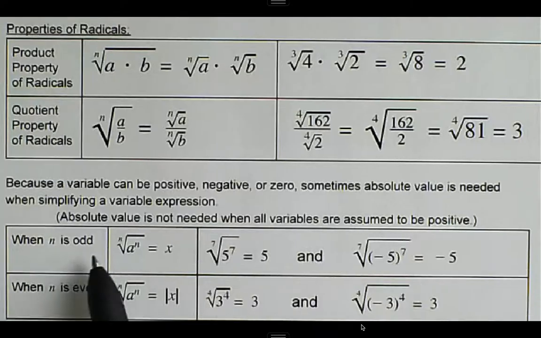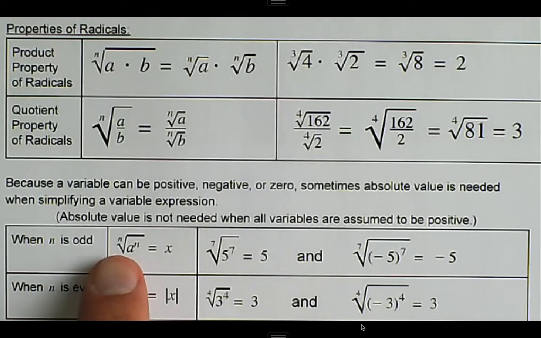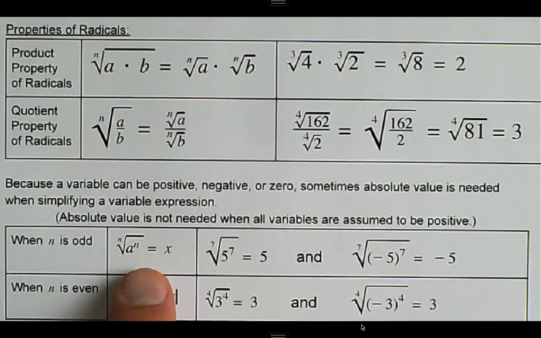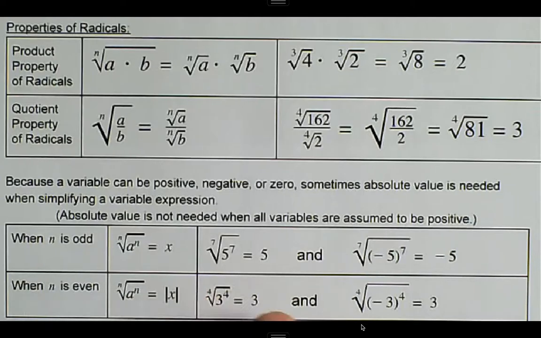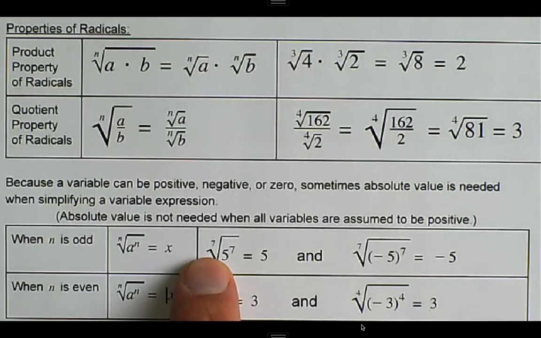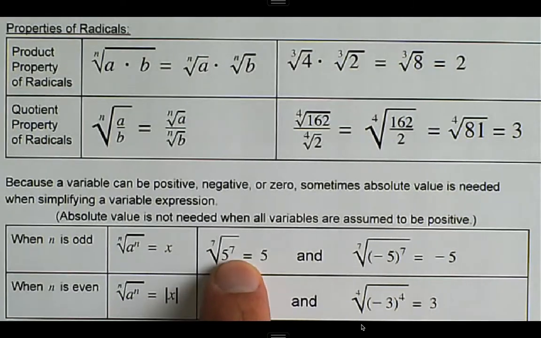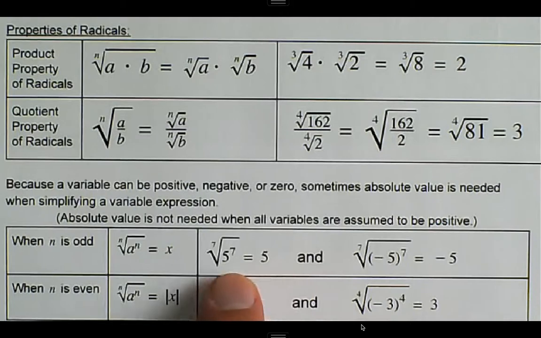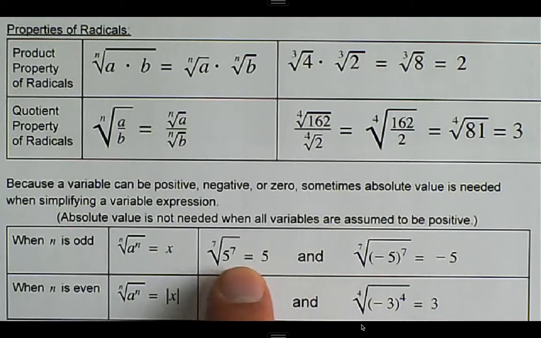Now, we don't have to worry about it either when the nth root is odd. And so if we have the nth root of A to the n, where n is odd, that's going to be equal to A. So the seventh root of 5 to the 7th is equal to 5. So the base was a positive value, and we got a positive value.